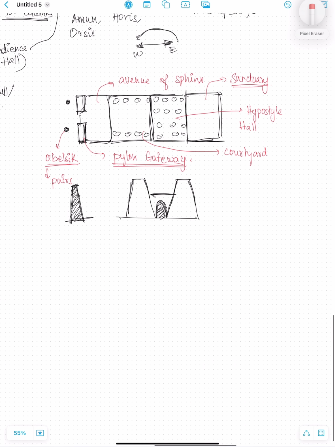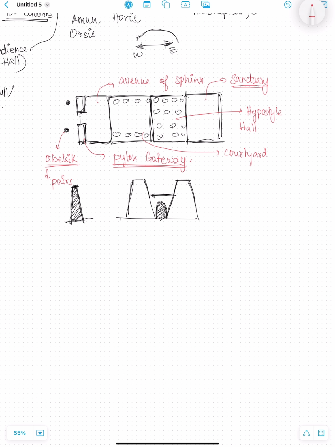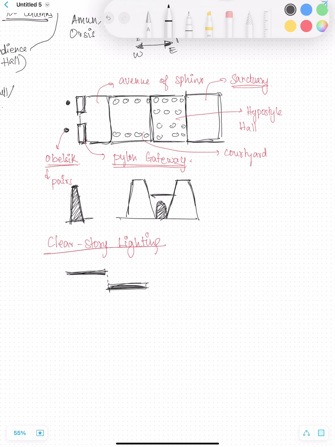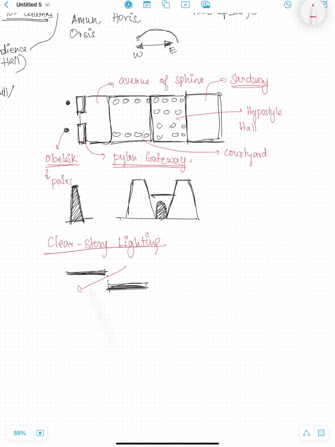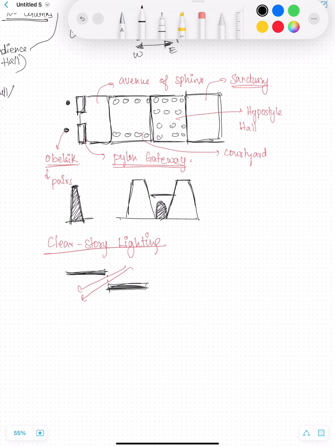And the lighting used mostly for these kinds of temples is clerestory. So clerestory is, if there are roof structures like this, then this part of the adjoining roof is used for light to let in. They used clerestory lighting.